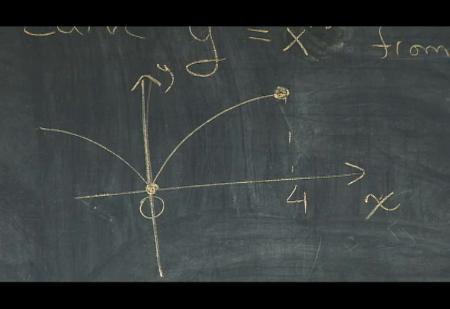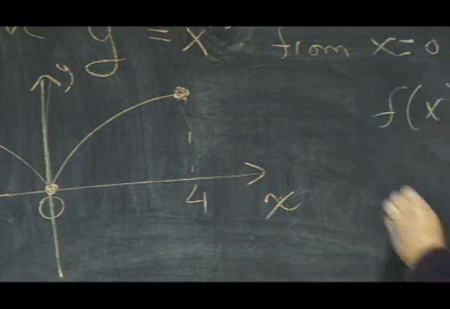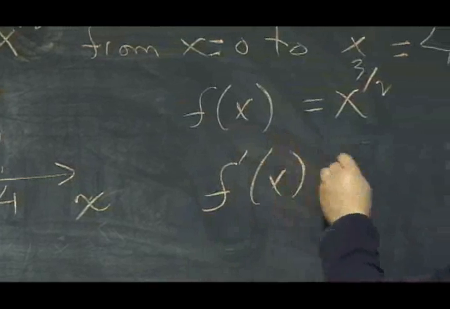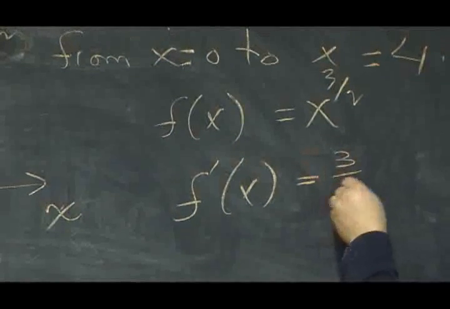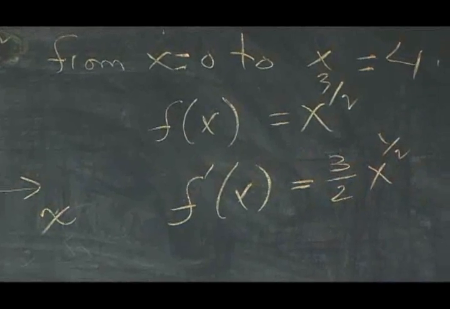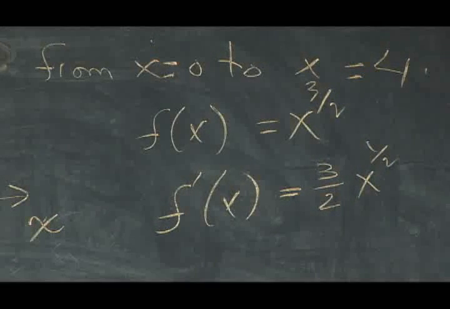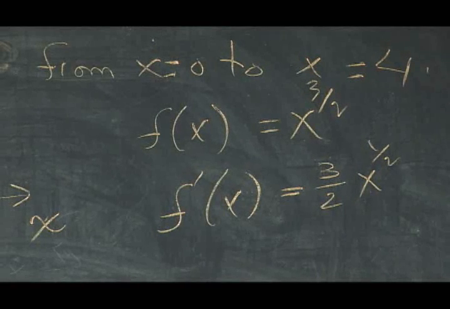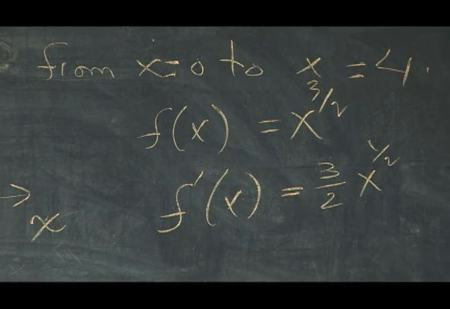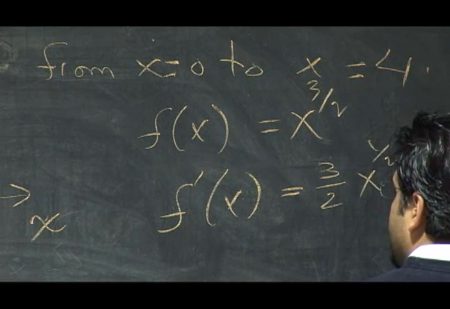Okay, so in order to use this formula, we need the derivative, right? So here our function is x to the 3 halves. f prime is 3 halves x to the half. Yes? And the derivative is continuous on this interval, 0 to 4. So we can use the formula.